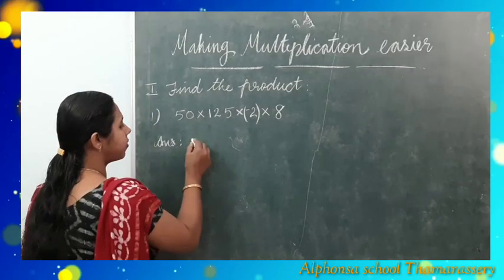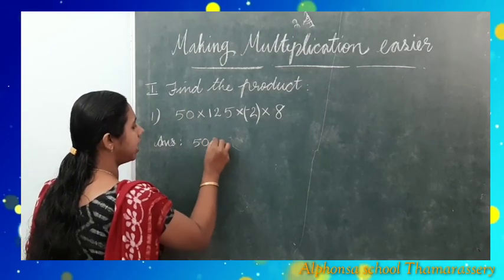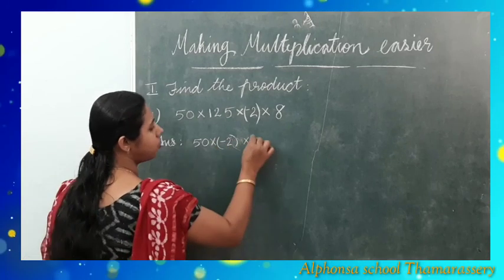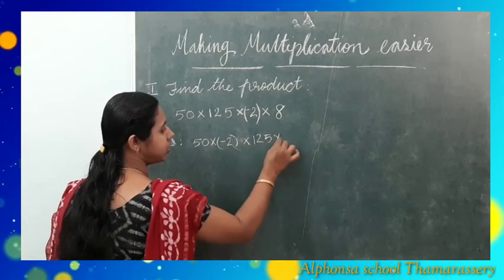So let's see, first you multiply 50 into minus 2, rearrange the terms, into 125 into 8.